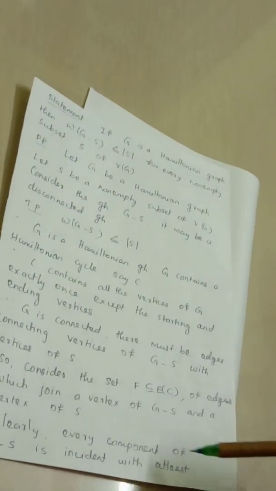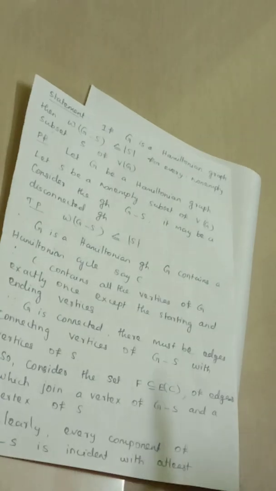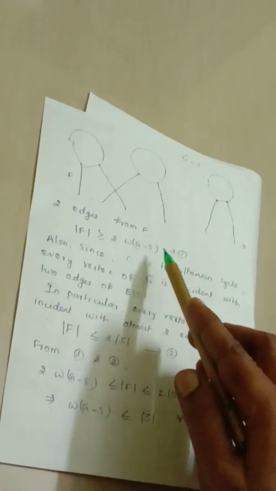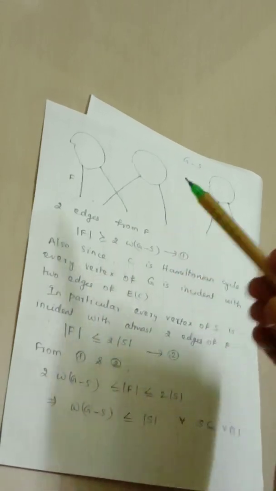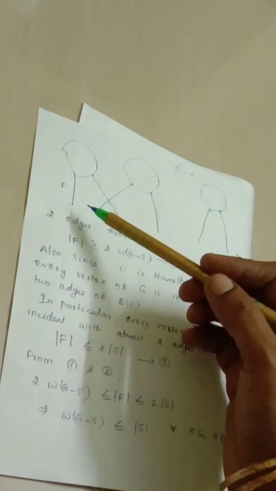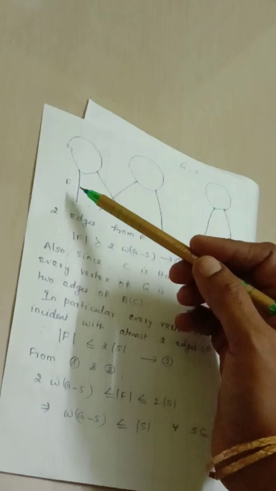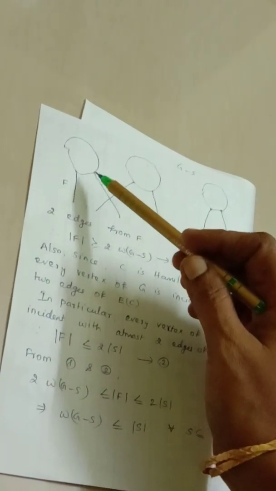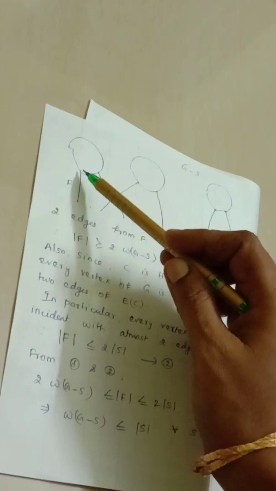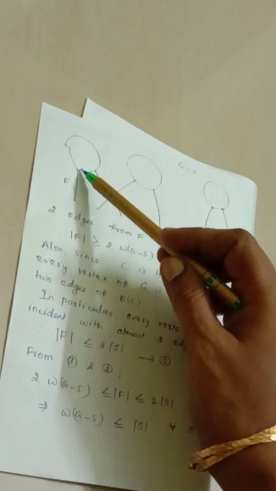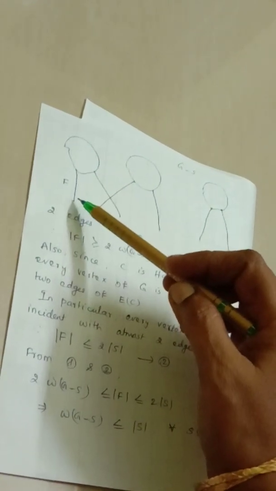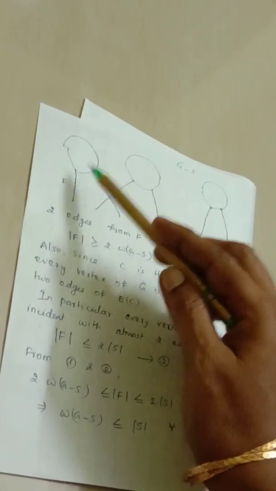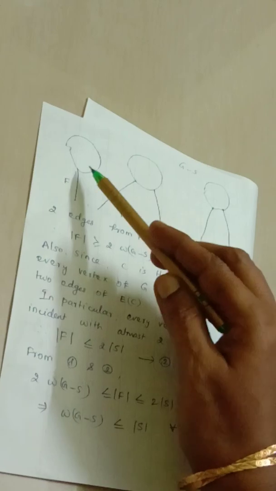So here clearly every component of G − S is incident with at least two edges of F. Because if we start from S, then through this edge of F, we can reach G − S. Afterwards, we can't use this vertex to come back to S because C is a Hamiltonian cycle, so each vertex should be used only once.